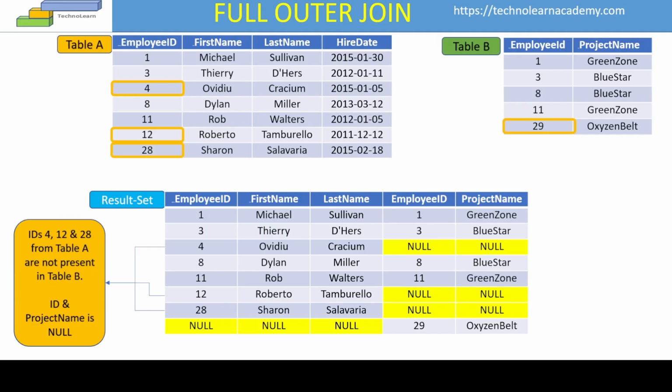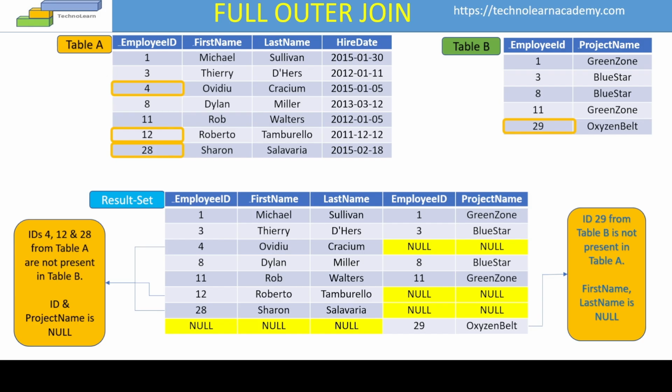And in the same way, because employee ID 29 is not present in table A but present in table B, that means it is not present in the left table but present in the right table, that's why we will receive the detail of project name, but the values of employee ID, first name, last name from table A will be null.